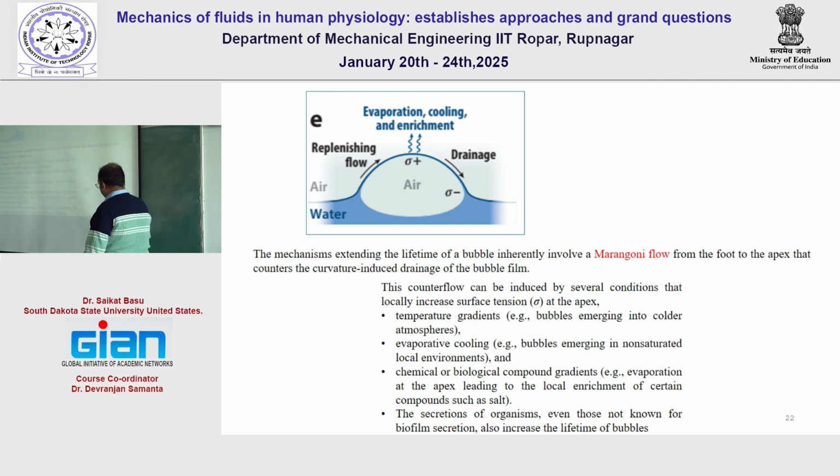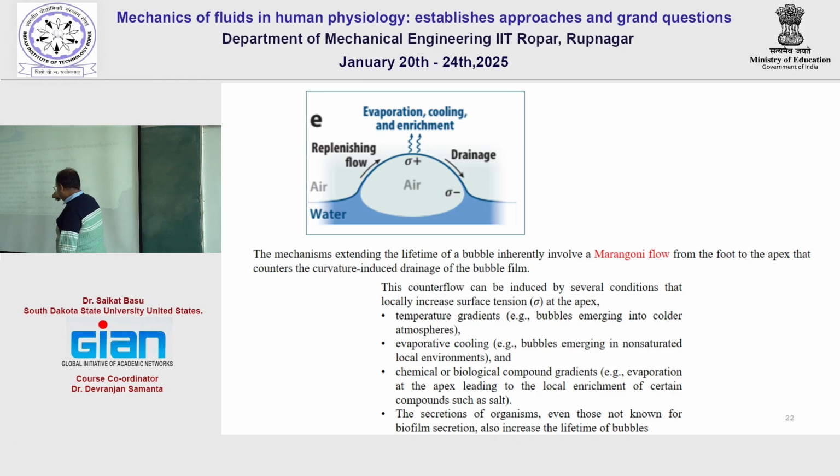The Marangoni flow can happen due to temperature gradient, like bubbles emerging into cooler atmospheres. As I said, if some localized cool air is blowing, or some evaporation is taking place, then there is cooling.